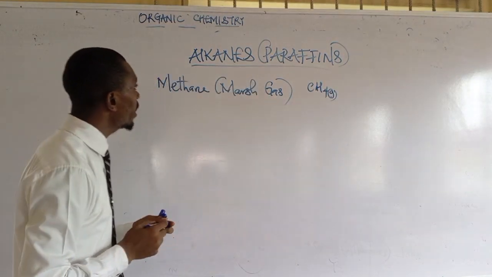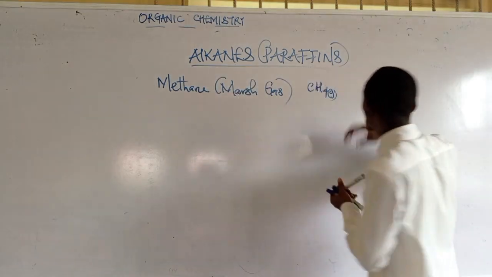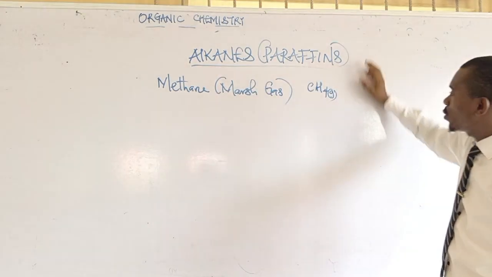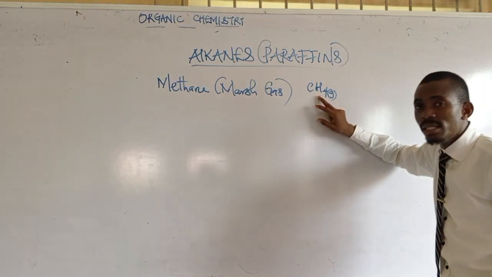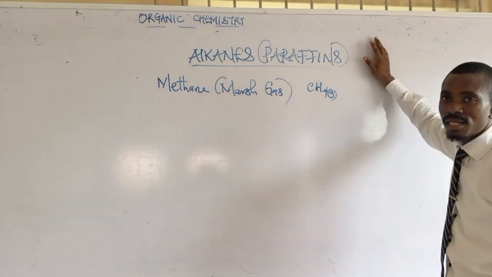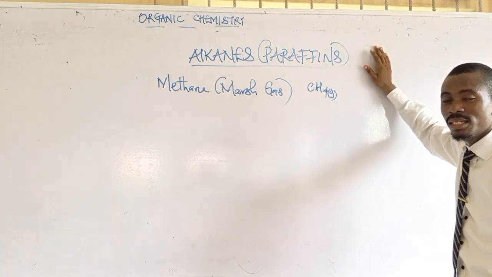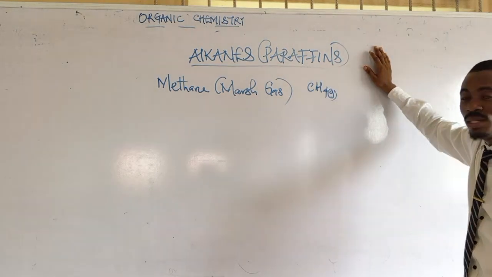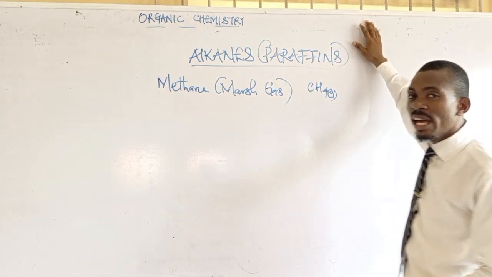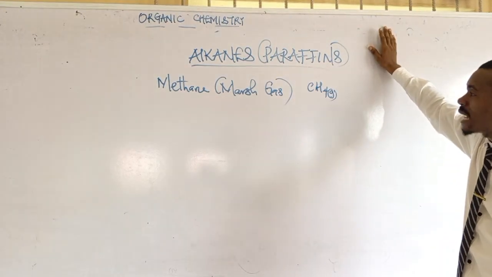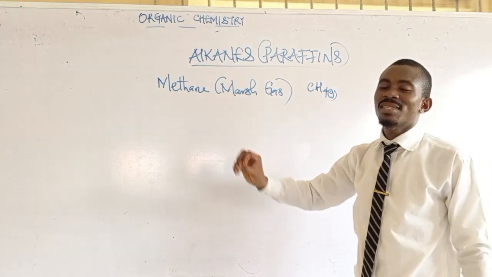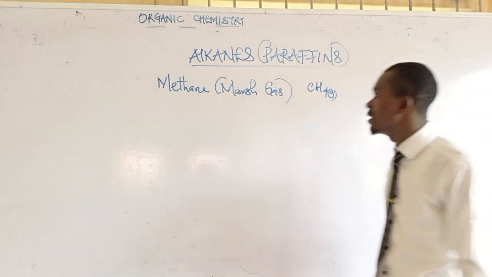Normally, all the alkanes from n equals 1 to n equals 4 or 5 are gases. So methane to pentane are gases. Hexane to decane are liquids. But from 11 upwards, undecane, dodecane, and so on, are all wax or solid in nature.